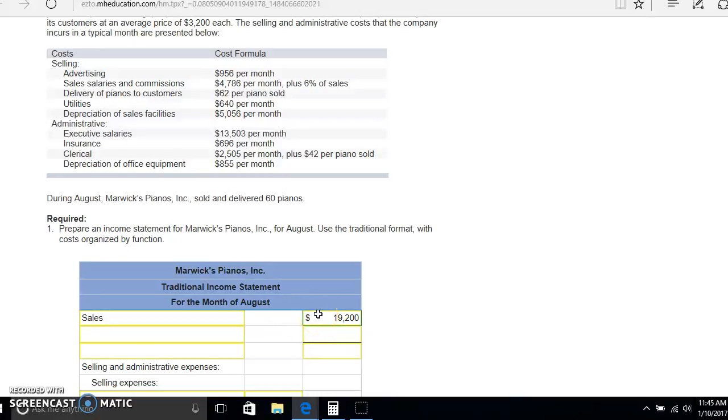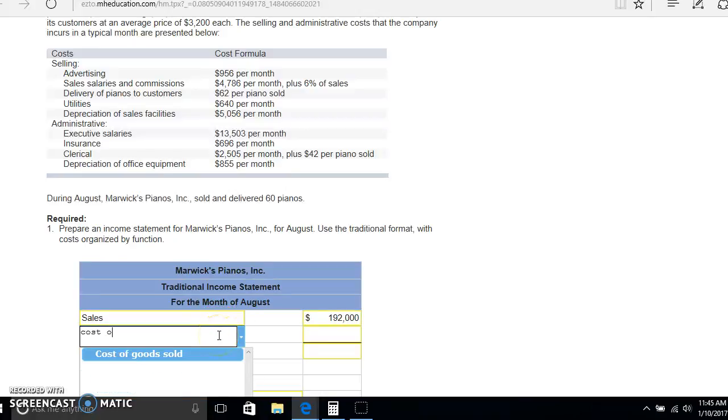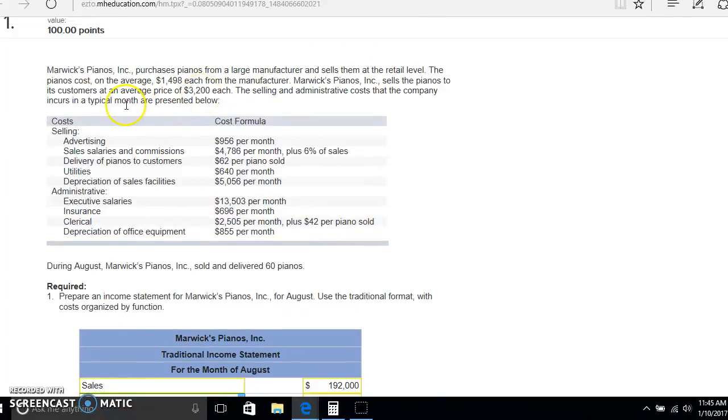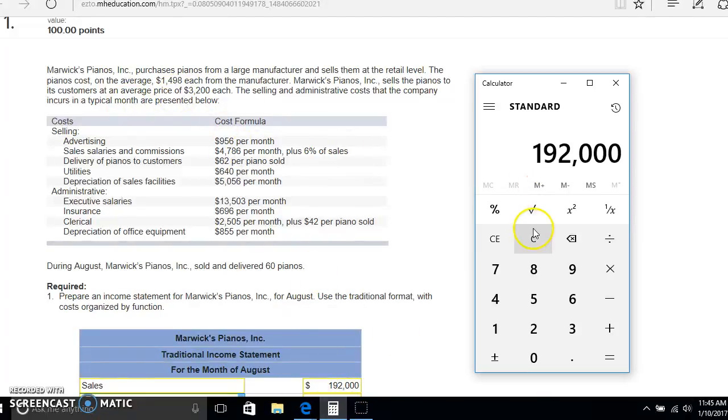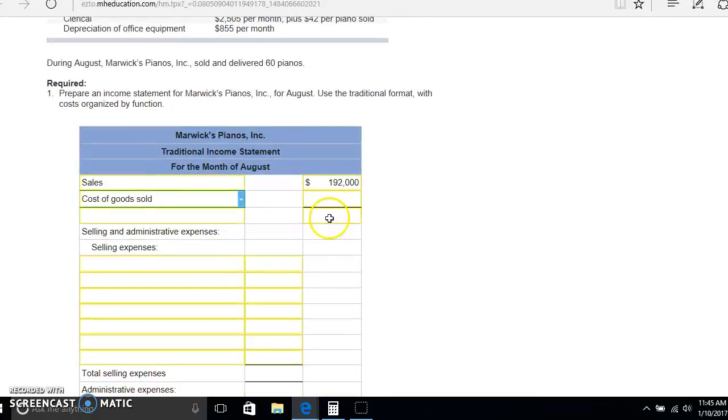Oops, not 19, 192. The next thing we're going to do is take out the cost of goods sold. So that's the next item on the category. And here it says that the average cost for each piano is $1,498. So we're going to take $1,498 and multiply that by 60. So our cost of goods sold is $89,880.